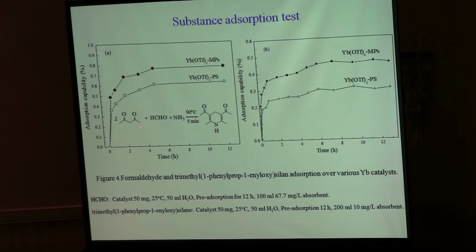We directly determined that the formaldehyde can be efficiently adsorbed by our catalyst, much better than the traditional polystyrene supported Lewis acid. This is the formaldehyde adsorption test, and this is the silyl enol ether adsorption test. So this test definitely confirms our advantage in the mesoporous resin supported Lewis acid catalyst.